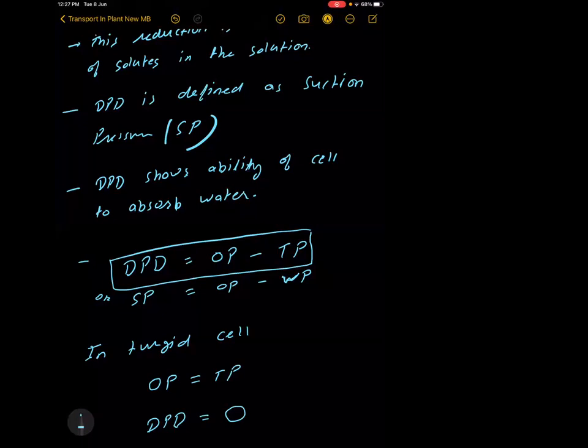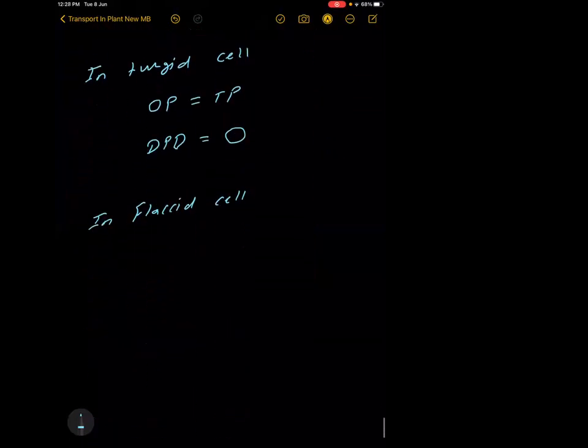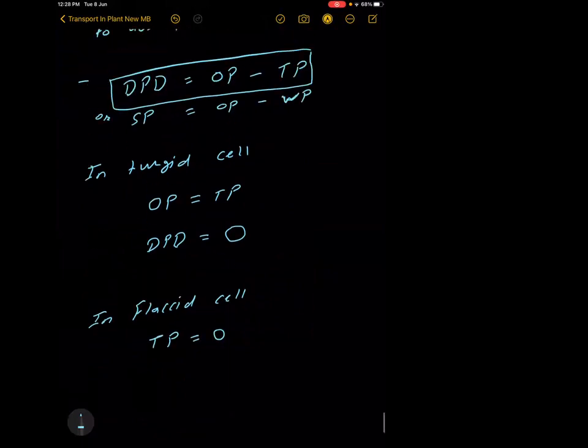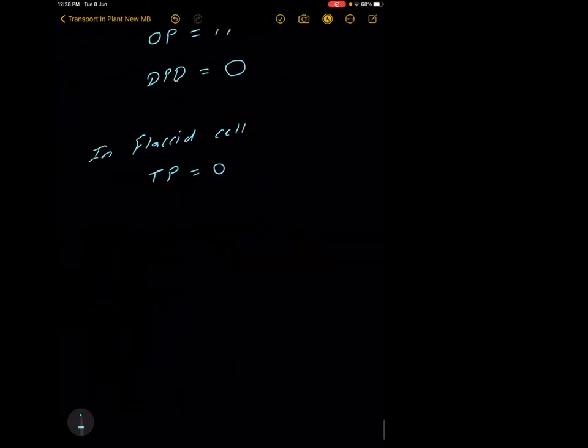It means it can absorb more water. So in a flaccid cell, TP is equal to 0, and according to this relation, DPD is equal to OP.